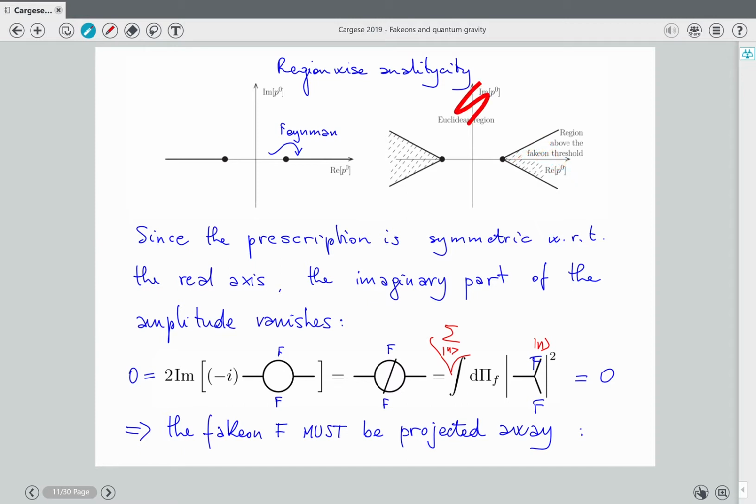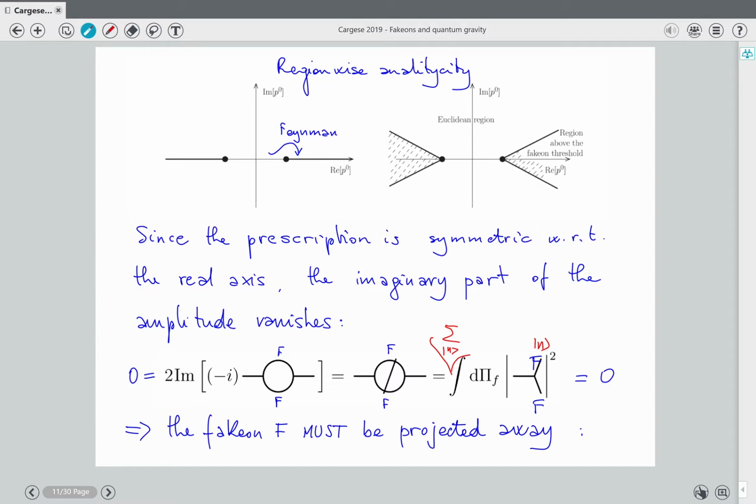You will have a Euclidean region where your amplitude is analytic. You will have another region where your amplitude is analytic, but the two analytic functions will not be analytically related. However, they will be unambiguously non-analytically related, which means that if you compute your amplitude in the Euclidean region, you will be able to find the amplitudes in every other region by means of this average, but not vice versa. You cannot go backwards.